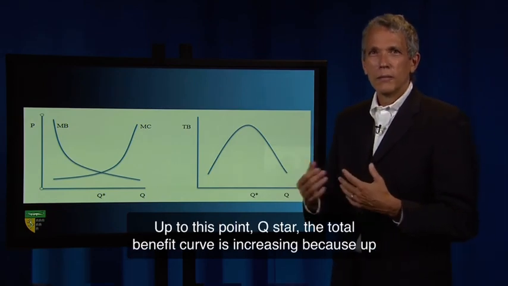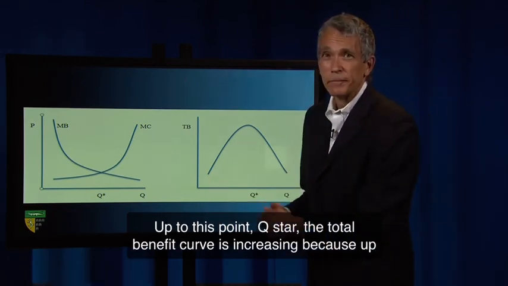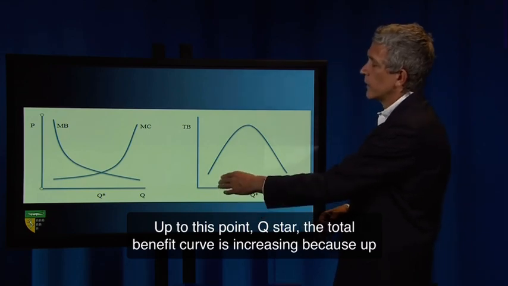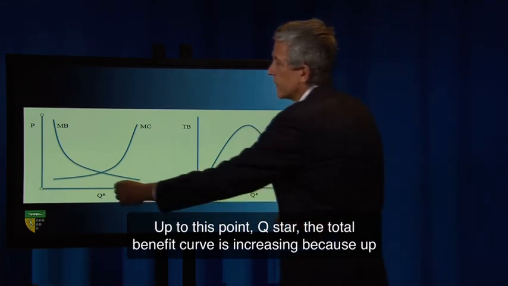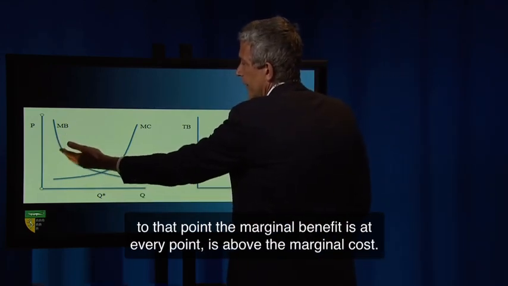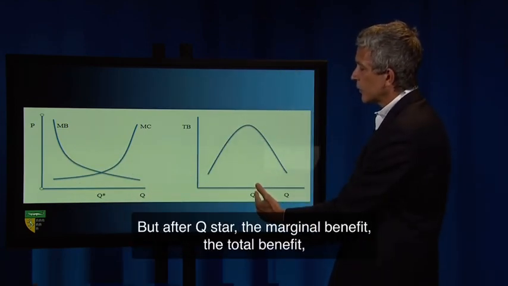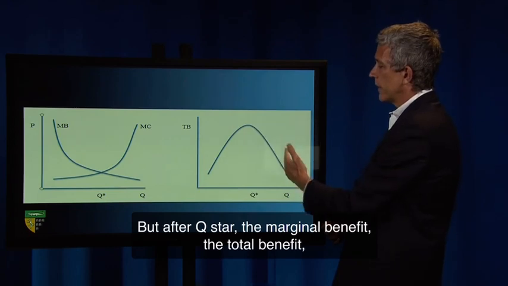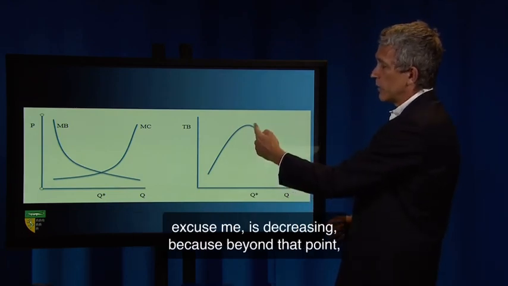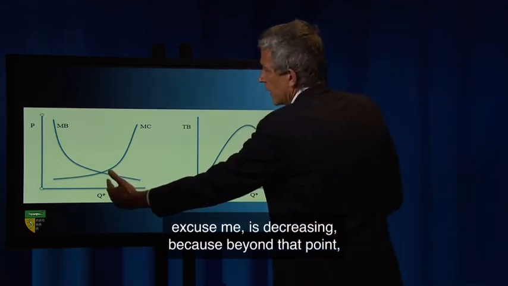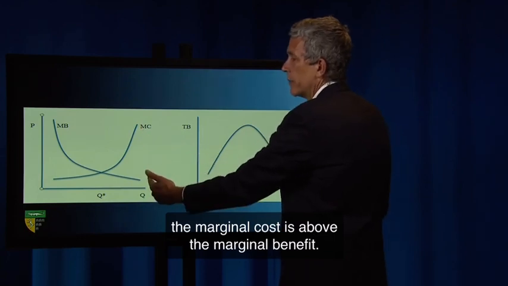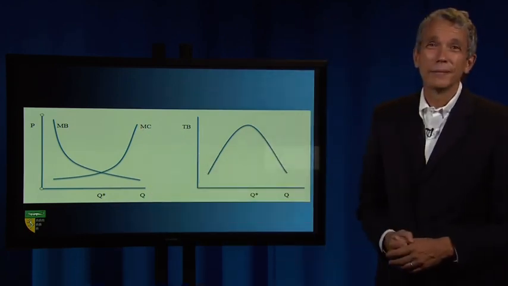Up to this point Q star, the total benefit curve is increasing because up to that point the marginal benefit is at every point above the marginal cost. But after Q star, the total benefit is decreasing because beyond that point the marginal cost is above the marginal benefit.